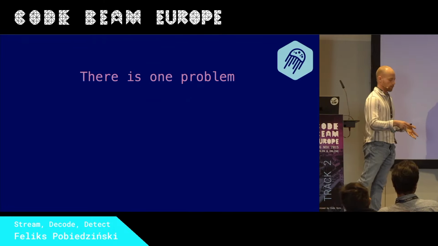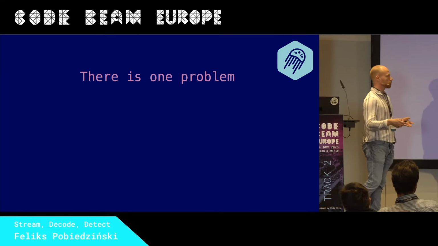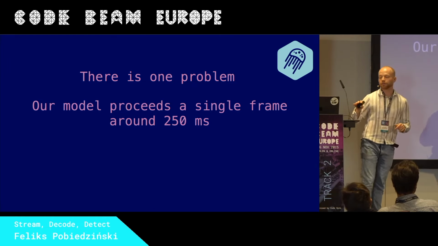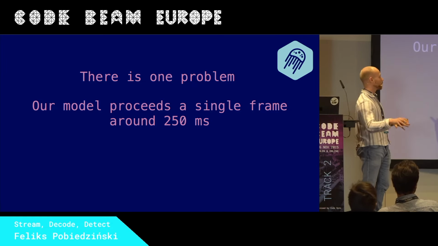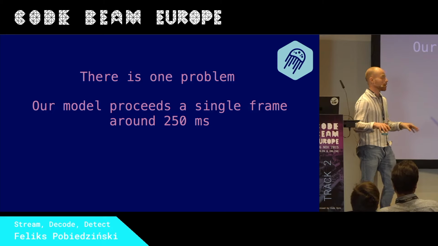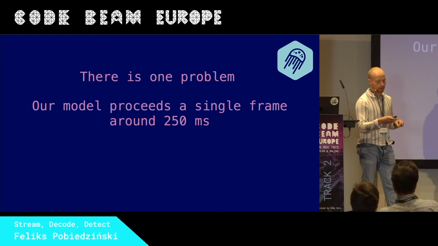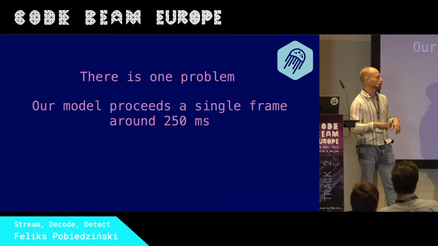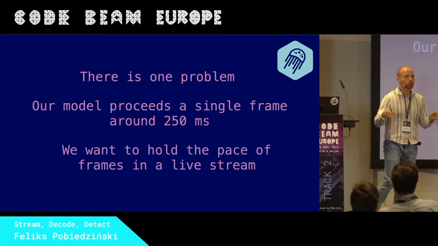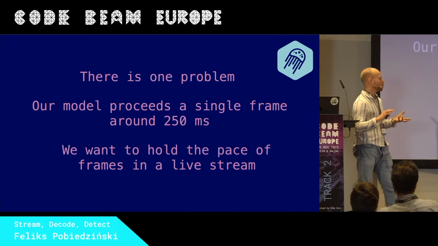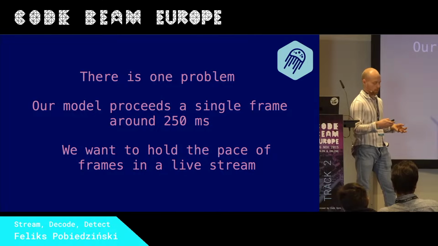However, there is one problem. The model I decided to use processes a single image on my computer in around 250 milliseconds. It means it can handle 4 frames per second, while the stream we want to modify has 30 frames per second. It wouldn't be a problem in offline processing, but we want to keep it live, so we have to figure something out.